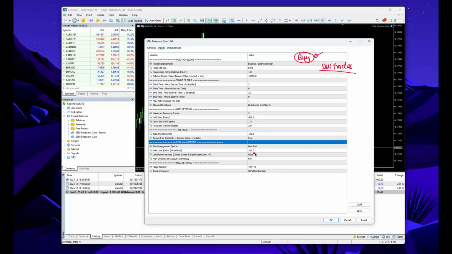But if one of the grids gets to a point where it wants to blow your account, you can limit that loss by setting this value.